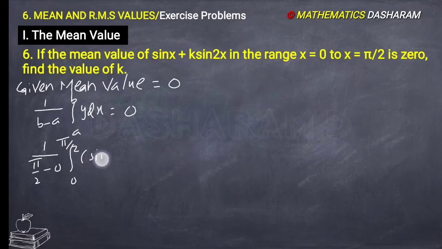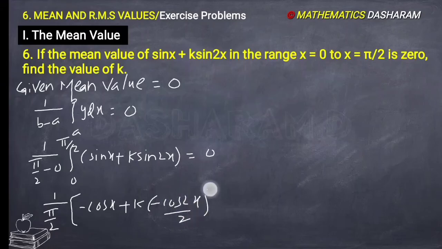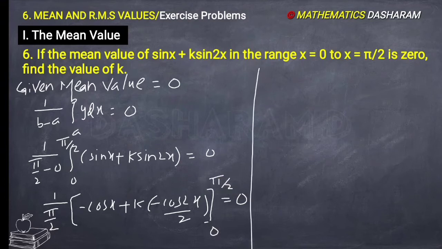Y means sin x plus k into sin 2x equals 0. So 1 by pi by 2, integration of sin x is minus cos x, plus k into integration of sin 2x, which is minus cos 2x by 2, equals 0, and the limits are 0 to pi by 2.